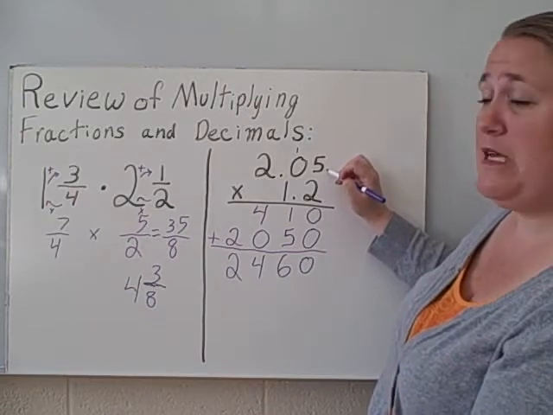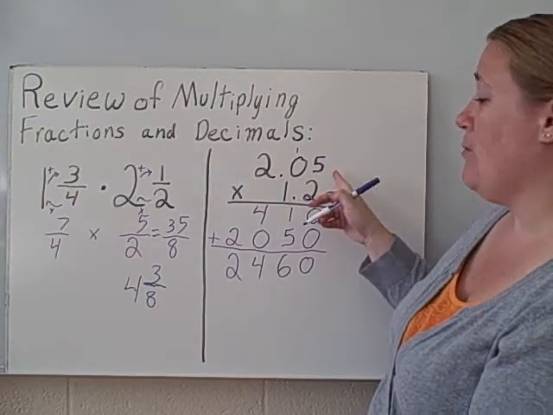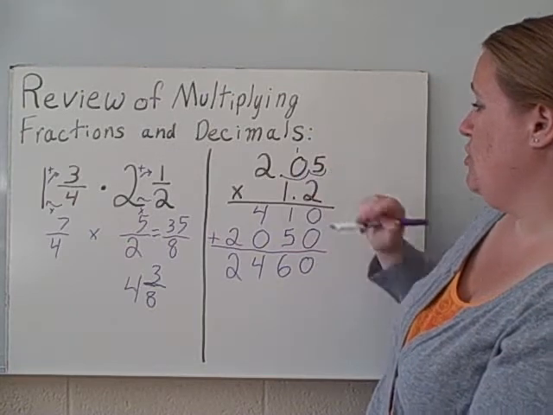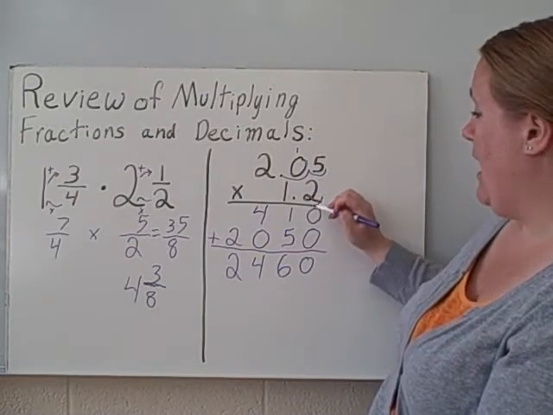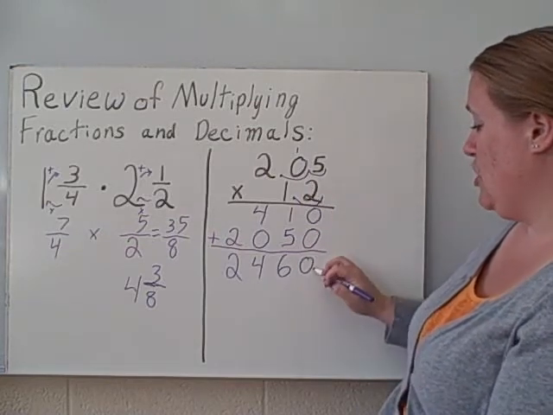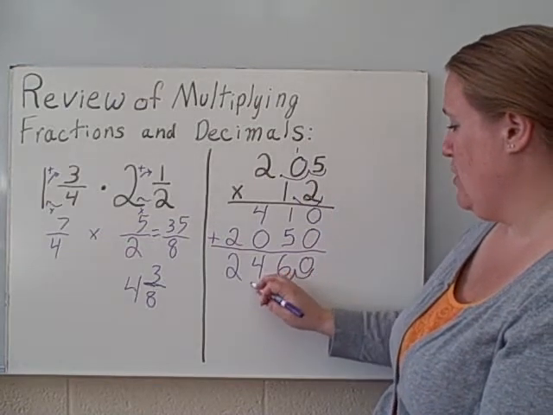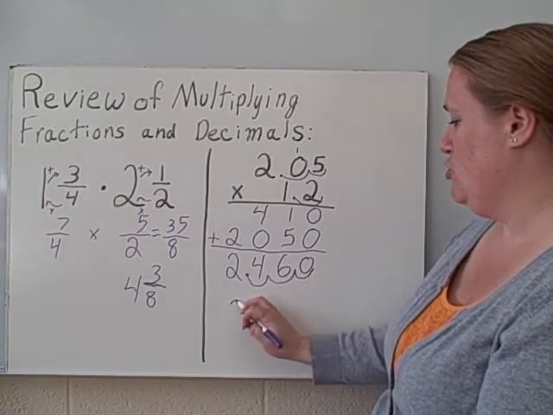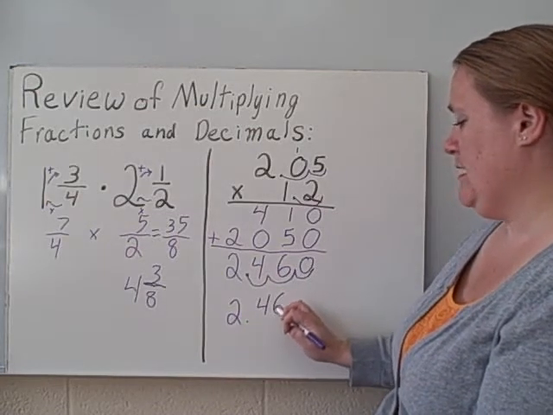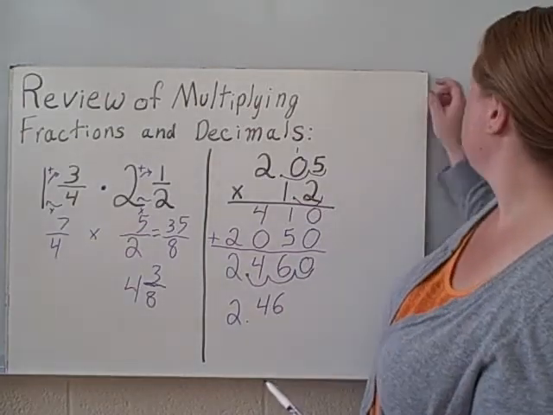Remember, we count how many places are behind the decimal. 1, 2 places. And 1 down here, so that's a total of 3. So 1, 2, 3. So 2.46 is our answer.